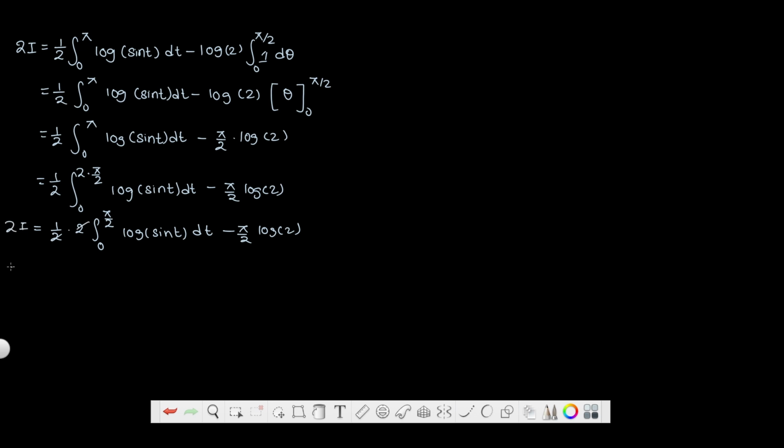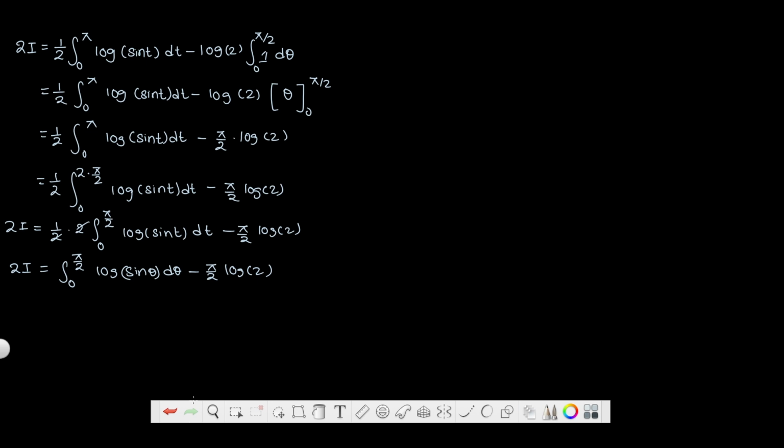So we have 2I equals integration 0 to pi by 2 log sin theta d theta minus pi by 2 log 2. Don't worry about this part. Here we have sin t dt, but I have written sin theta d theta. I haven't done anything, just I replaced t with theta.